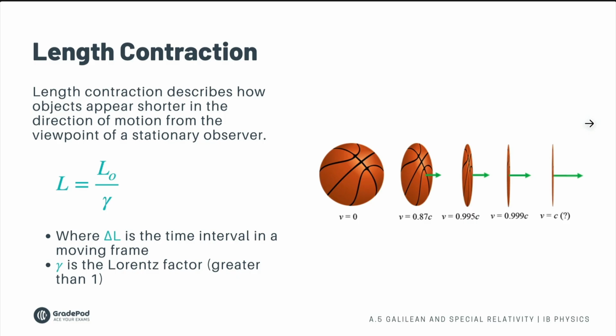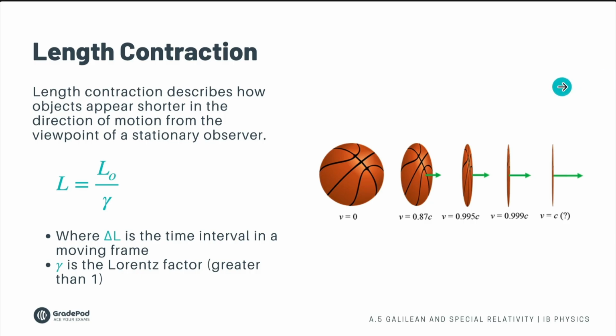Another aspect of special relativity is that objects appear shorter in their direction of motion when observed from a stationary frame. So just as with time dilation, the Lorentz factor plays a crucial role in this, and as the object's speed increases, its length appears to contract or shrink in the direction of motion when viewed by a stationary observer.